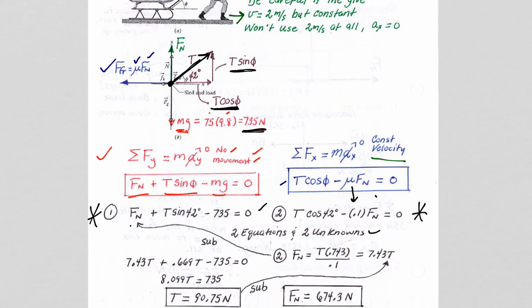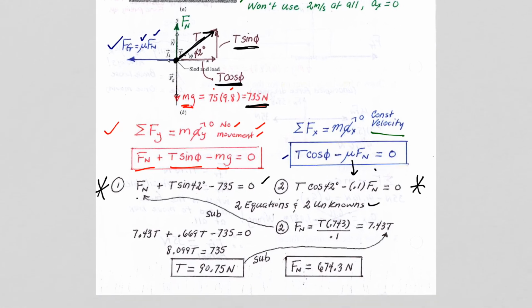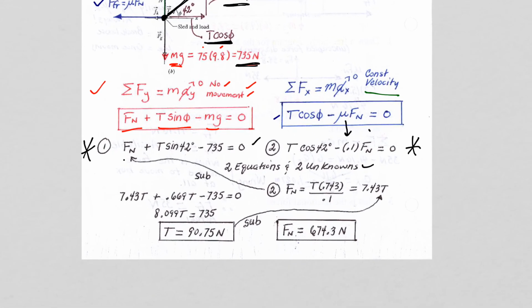We are simply going to solve for one of the variables. In this case, I solved for the force normal in terms of the tension, plugged that back in over here to the force normal, and then I had the tension all by itself, solved for the tension, subbed the tension back in over here, and got the force normal.